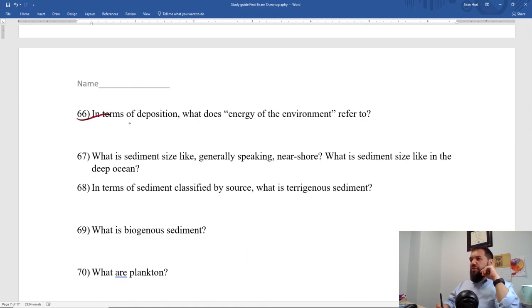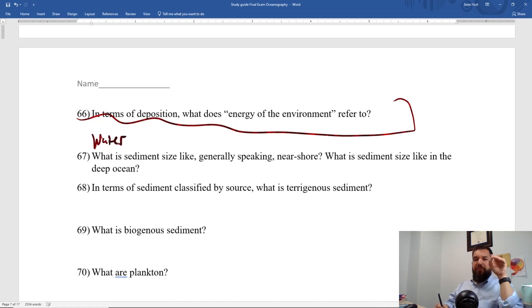In terms of deposition, what does energy of the environment refer to? It refers to how much water movement there is near the bottom. Okay, so water movement near bottom. Of course the sediment's going to get deposited on the bottom of the ocean.